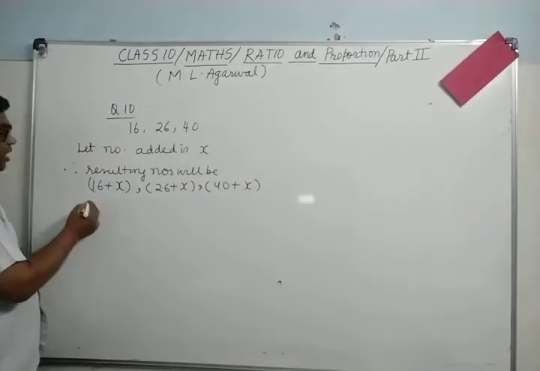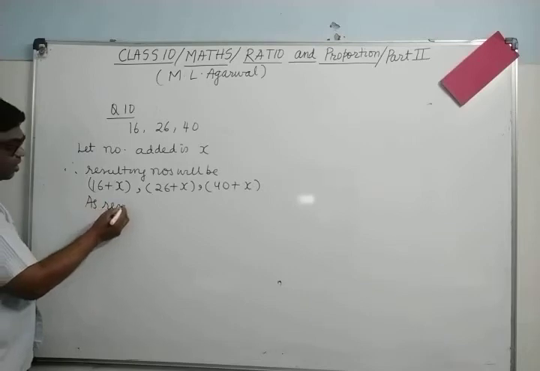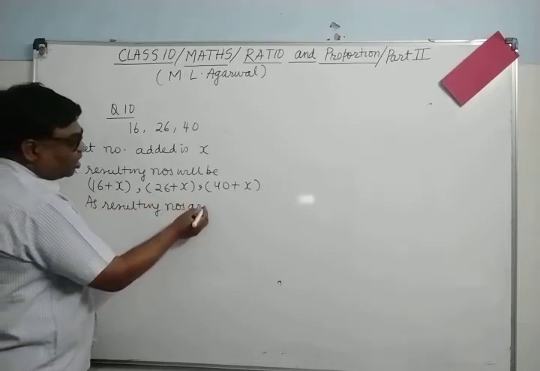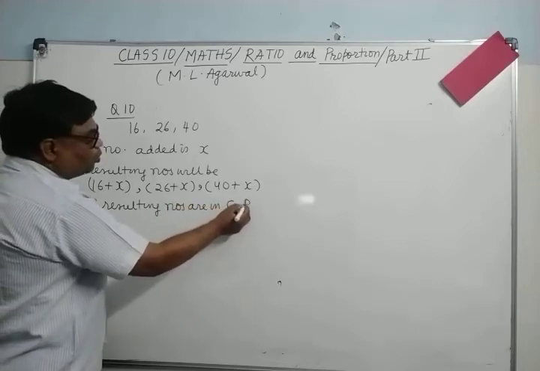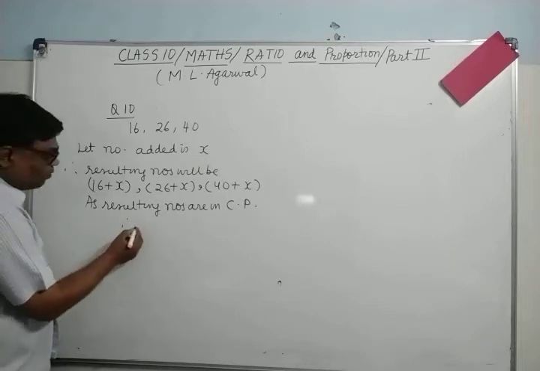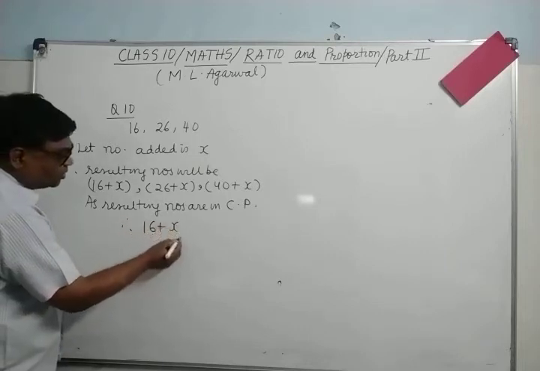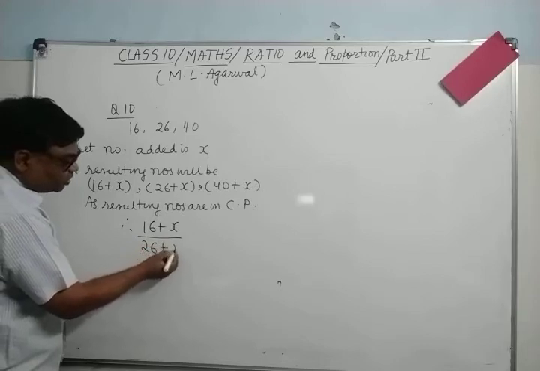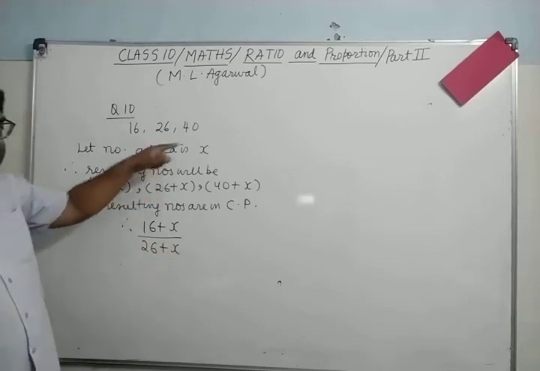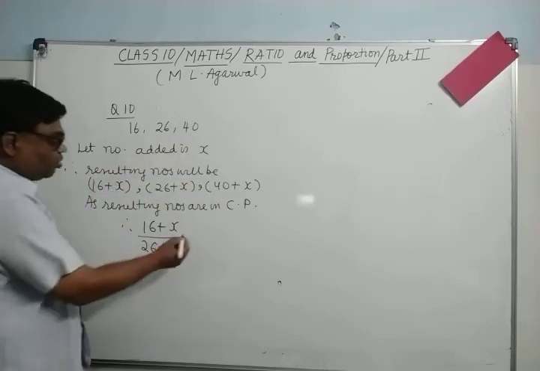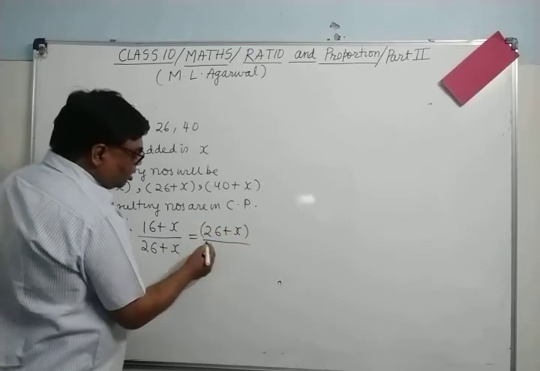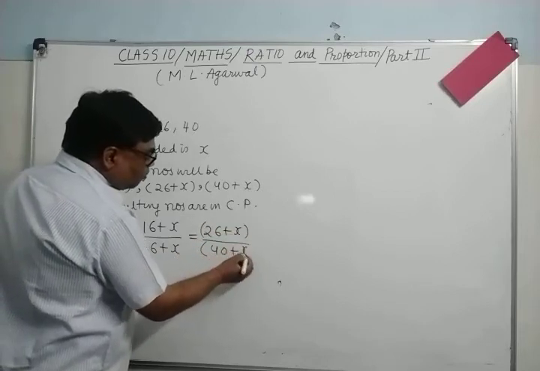As the resulting numbers are in continued proportion, therefore (16 plus x) divided by (26 plus x). As we know, in continued proportion this ratio equals this ratio, so it equals (26 plus x) divided by (40 plus x).